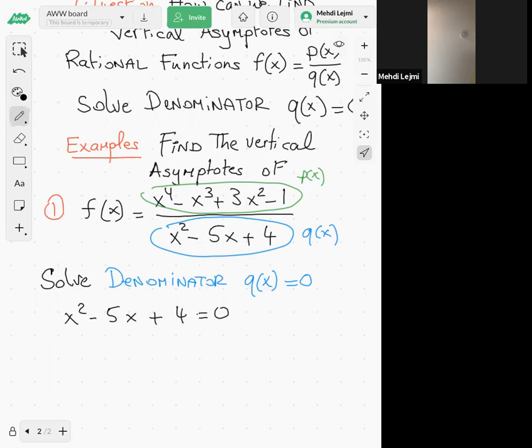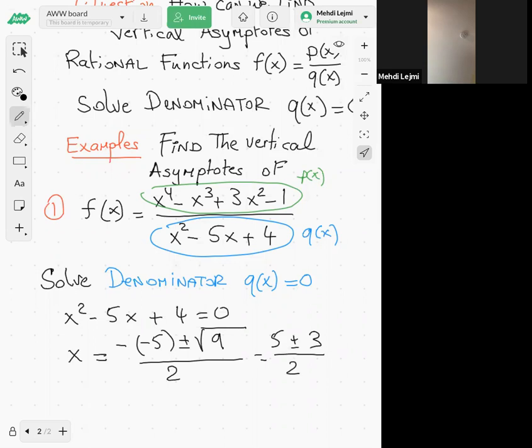Just apply the quadratic formula, right? That's minus negative 5, plus or minus the square root of b squared, that's 25, minus 4 times a times c, so minus 16. 25 minus 16 is 9. So this is the square root of 9 over 2 times 1. So your x is 5 plus or minus 3 over 2.